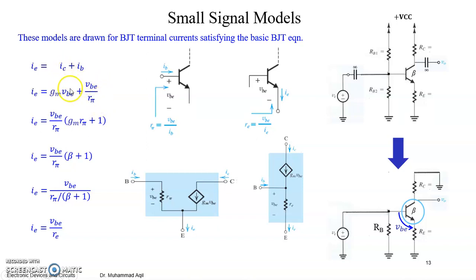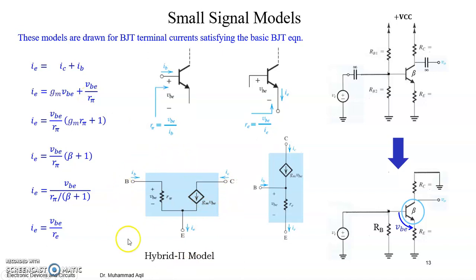And the collector current depends on VBE because of the active mode: base to emitter forward, collector to base reverse, then you have a collector current. For a small signal, you have replaced your exponential model with this one. So it's again voltage divided by resistance, and 1 upon resistance is conductance. So you put it in the form of conductance instead of resistance, right?